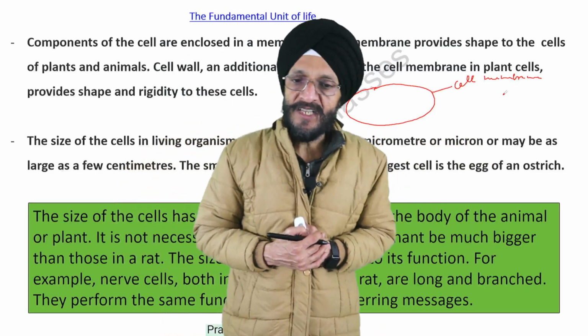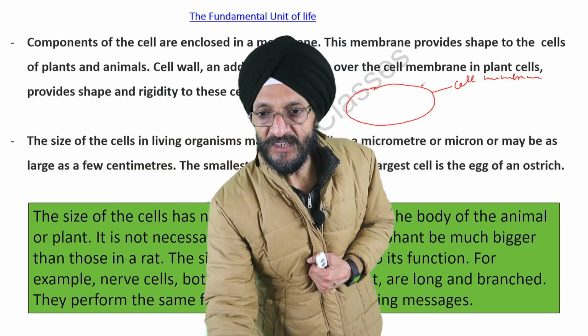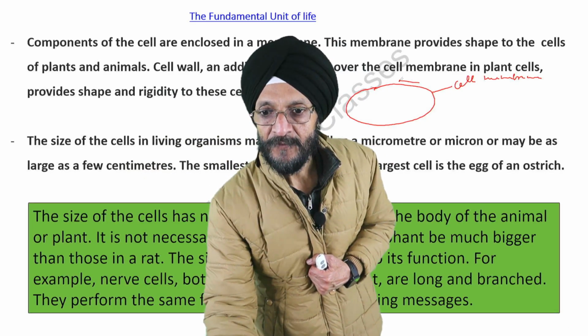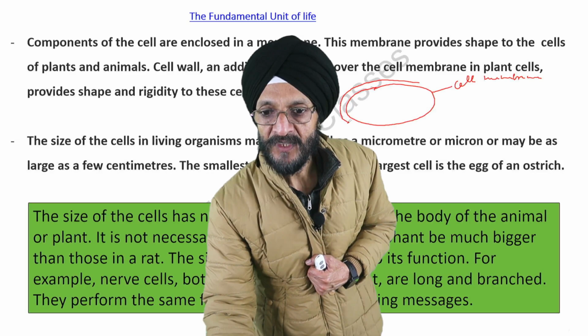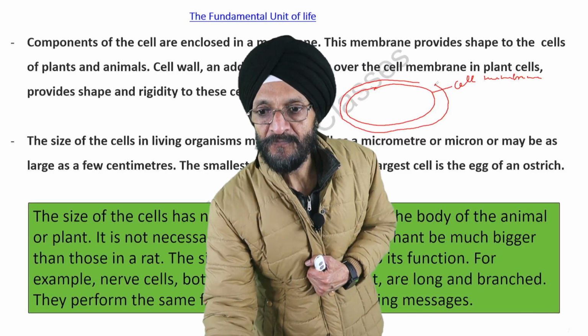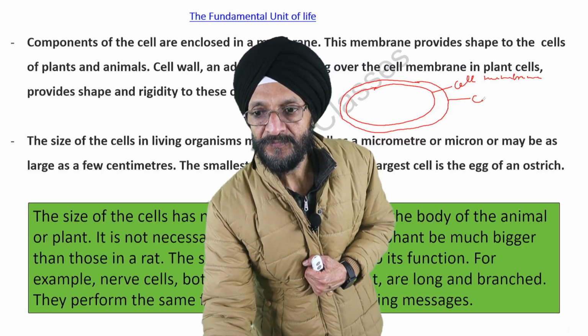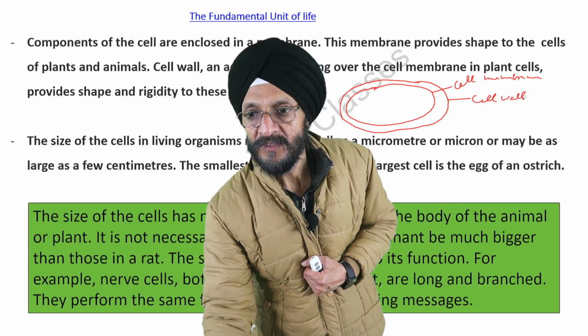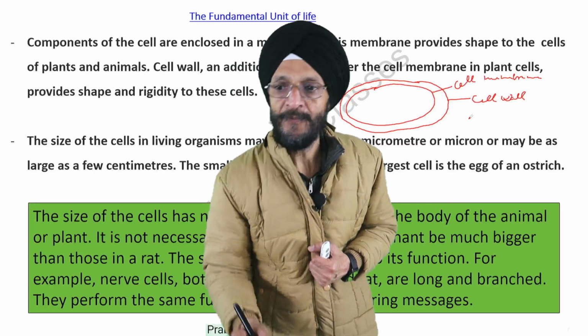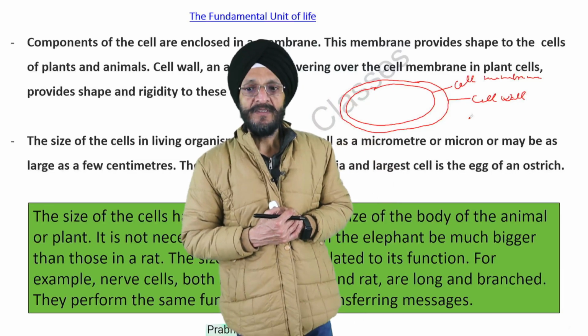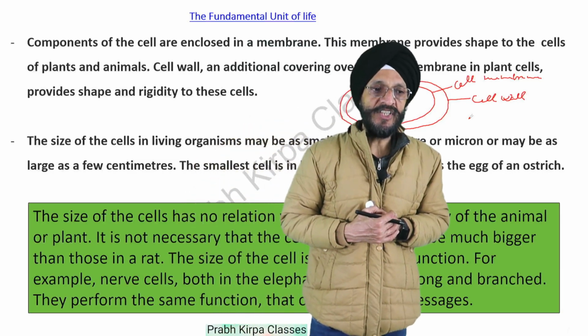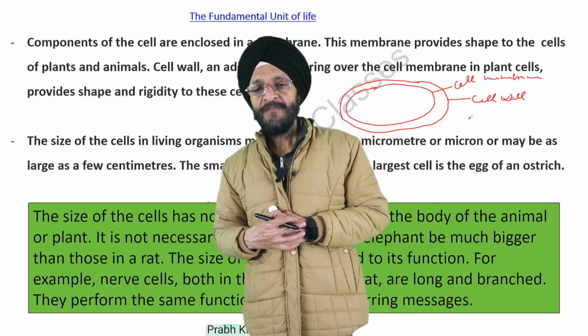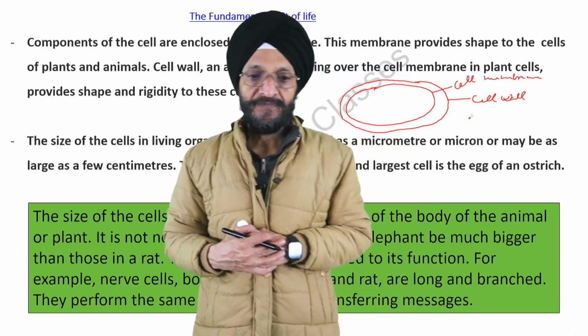In the case of plant cells, there is an additional covering over the cell membrane, which is known as cell wall. Cell wall is present in the case of plant cells. Cell wall provides shape and rigidity to these cells.